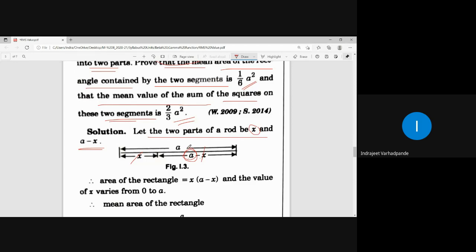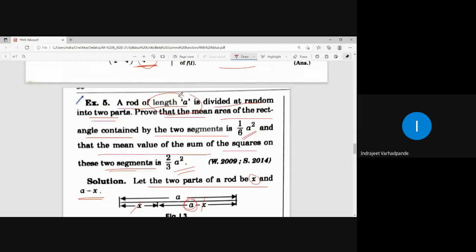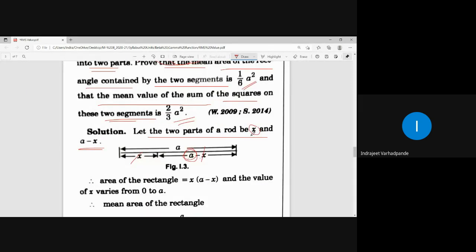So in a similar fashion, I divide the rod of length a into two parts, as one part is x and another part is a minus x. When I am transforming this into a rectangle, one of the lengths or one of the parts becomes x and the other part becomes a minus x. What is the area of the rectangle?